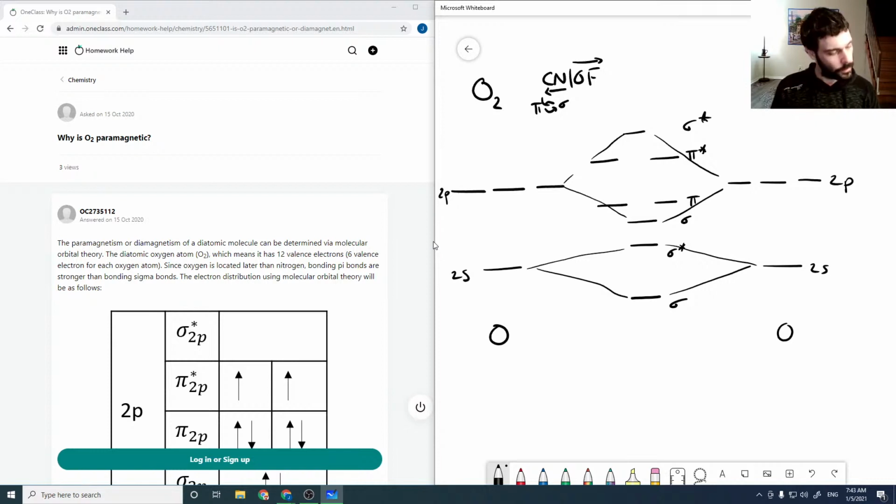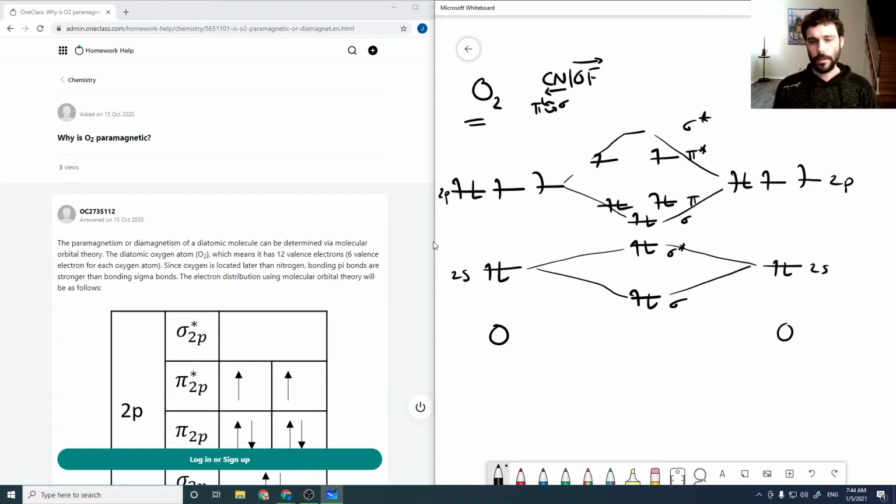But we don't need to worry about that here because we're dealing with oxygen. So each oxygen atom has 6 valence electrons, and so we can just take these 12 valence electrons and fill them in. 2, 3, 4, 5, 6, 7, 8, 9, 10, 11, 12.